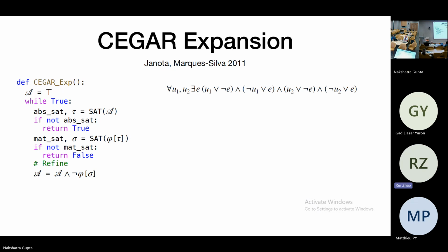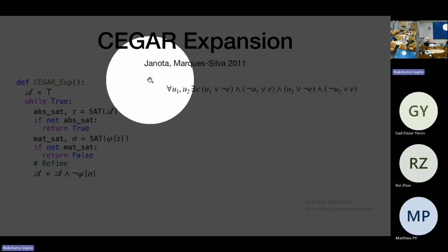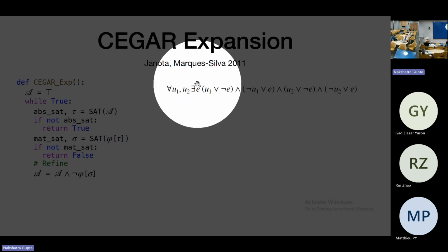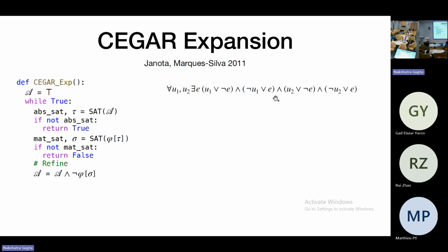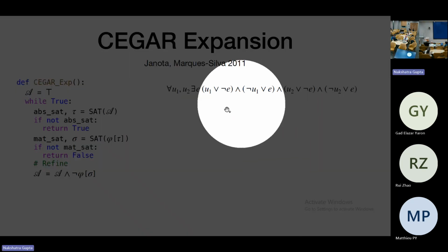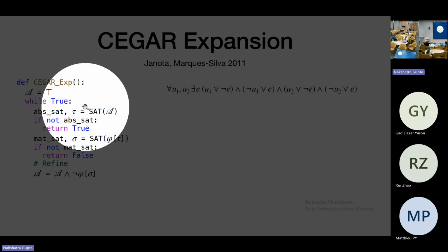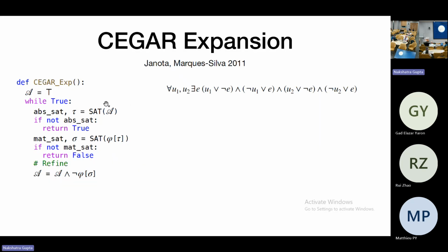We have for all U1, for all U2, there exists E such that these clauses are satisfied. Initially, we start by solving our initial abstraction, which is trivially true. So we get some assignment of the universally quantified variables. It could be just U1 and U2.